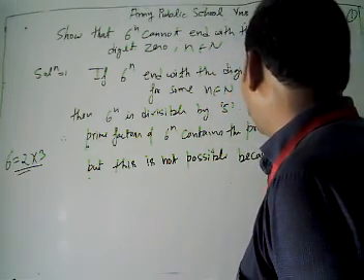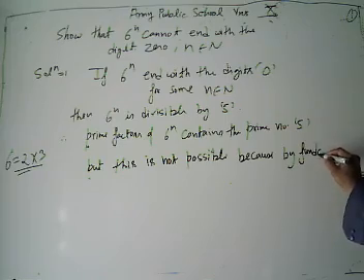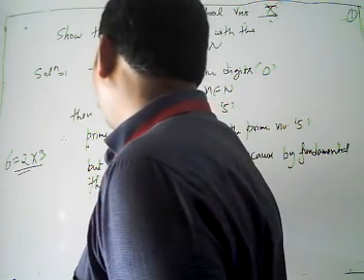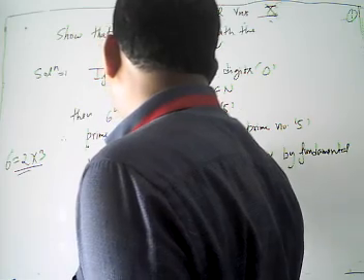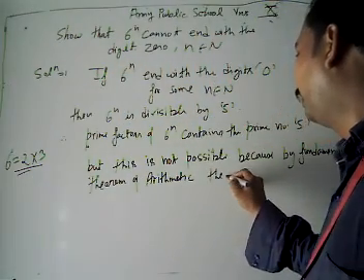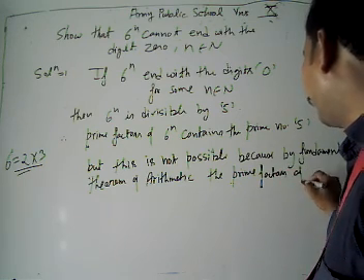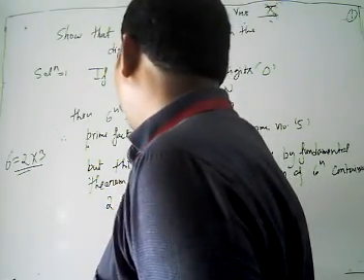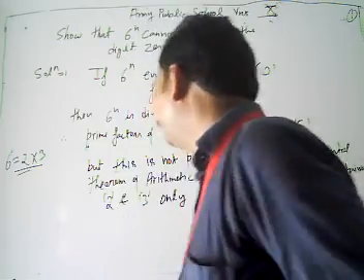by the fundamental theorem of arithmetic, the prime factors of 6 to power n contain 2 and 3 only.